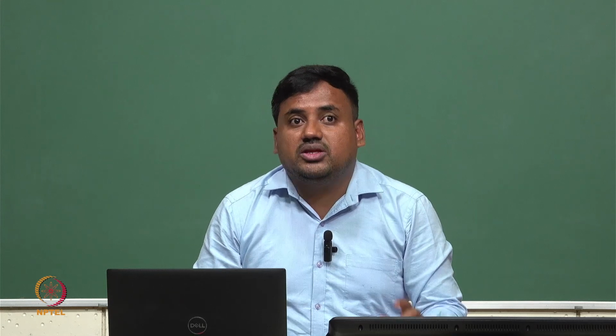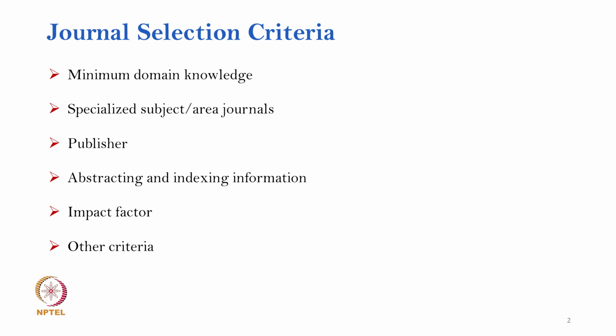Another important criterion is the impact factor, and whether the journal comes under Q1, Q2 or Q3. Some other criteria can also be looked at for selecting journals for analysis.